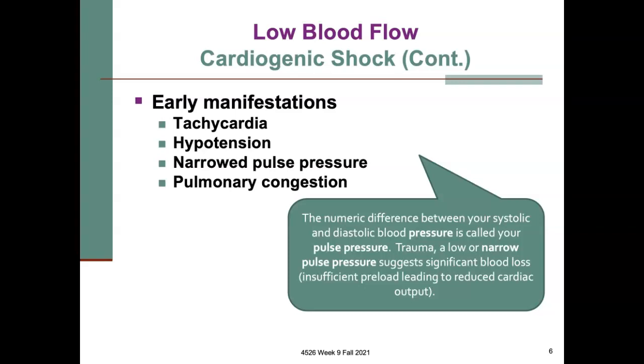So instead of 120 on 80, you might have 120 on 100. What it suggests is significant blood loss and insufficient preload leading to reduced cardiac output. So it's one of those early signs.